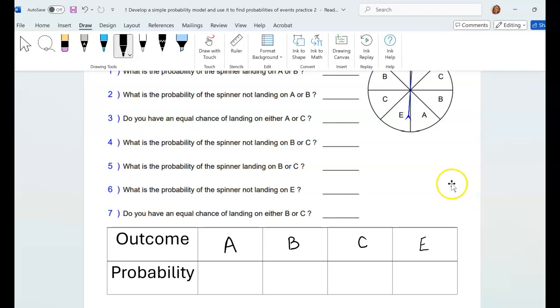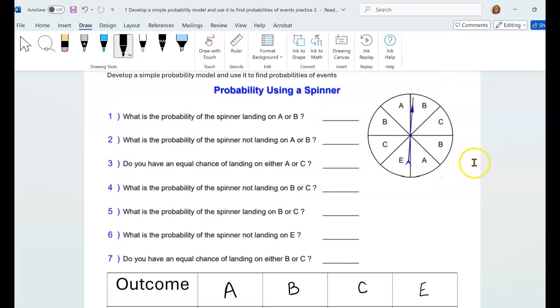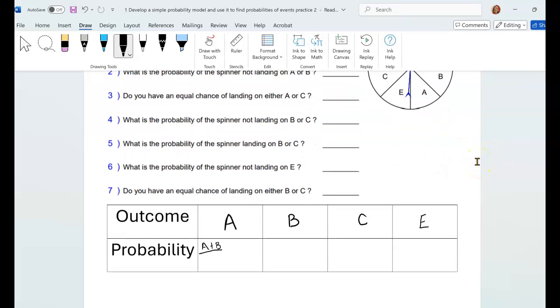So what did we do? We added the A's plus the B's, didn't we? And then how many total spaces do we have on this spinner? 1, 2, 3, 4, 5, 6, 7, 8 total. 8 total spaces.